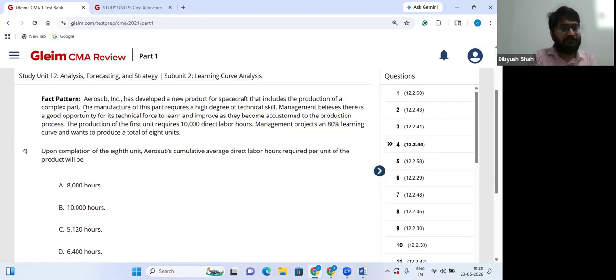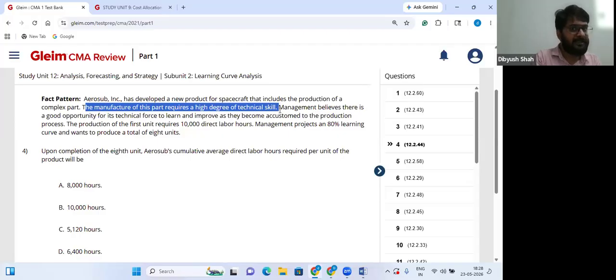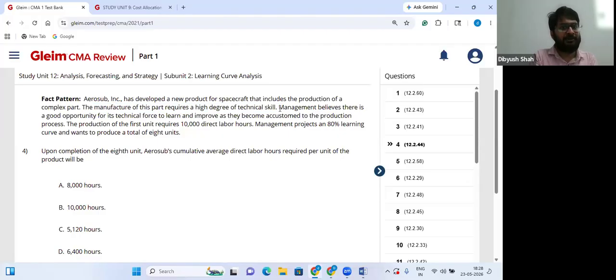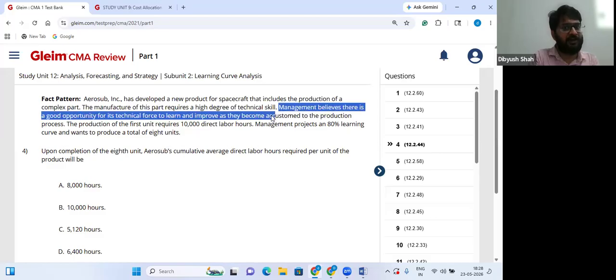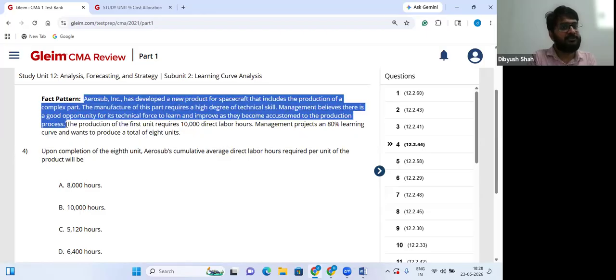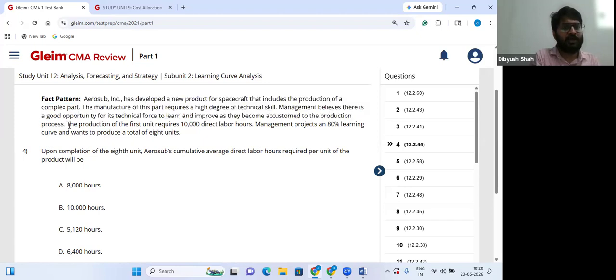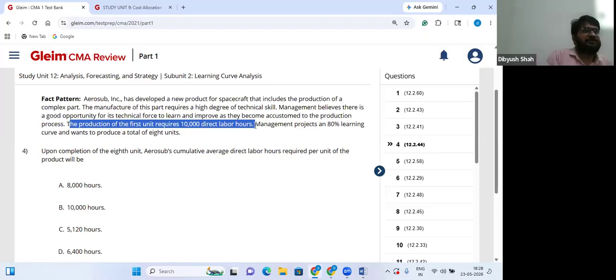Now see, manufacture of this part requires a high degree of technical skill. Management believes there is a good opportunity for its technical force to learn. So this entire 4 lines is useless. Now the question starts. The production of the first unit requires 1 unit, and they are making aeroplanes I'm guessing, because the name suggests Aero Sub and they are making something for spacecraft.